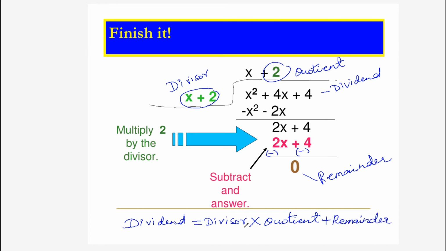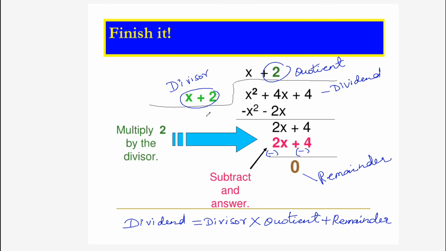This is true for numbers, we know already, and this should be true for even the polynomials. After doing your question, you can verify your answer by doing this step or the equation. See whether the left hand side is equal to the right hand side.